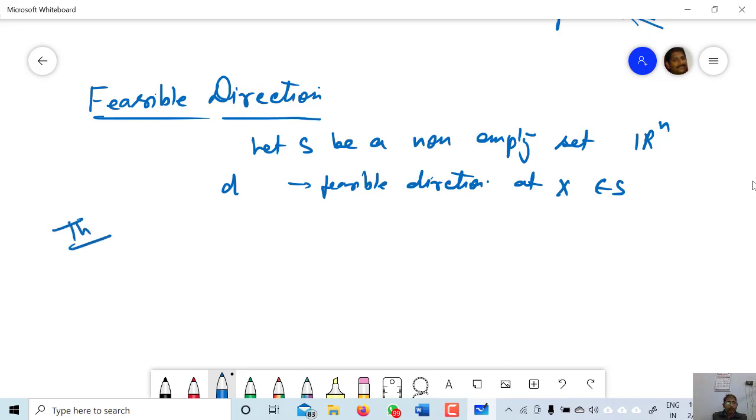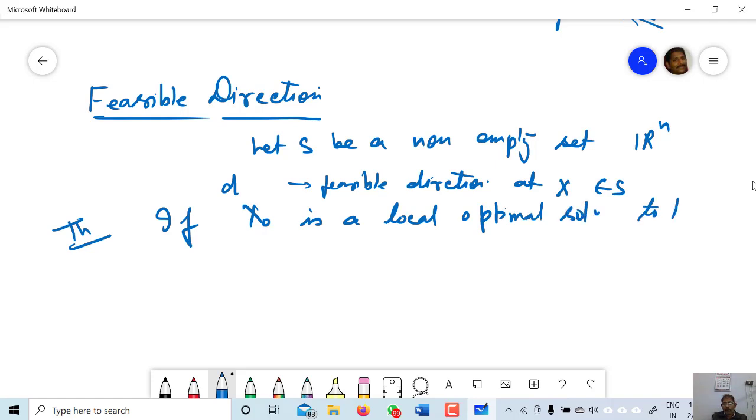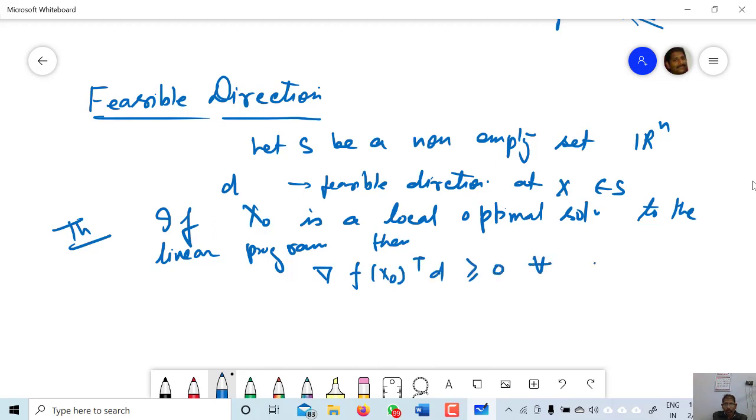So there is another theorem: if x0 is a local optimal solution to the linear program, then the gradient of f at x0 times d should be greater than or equal to 0 for all d belonging to D of x0.